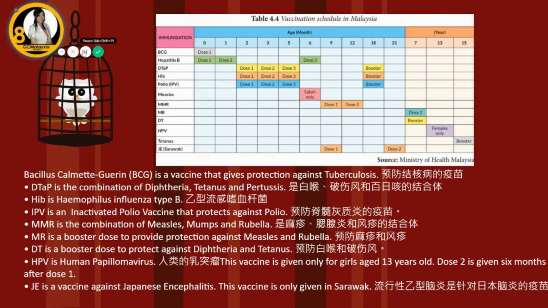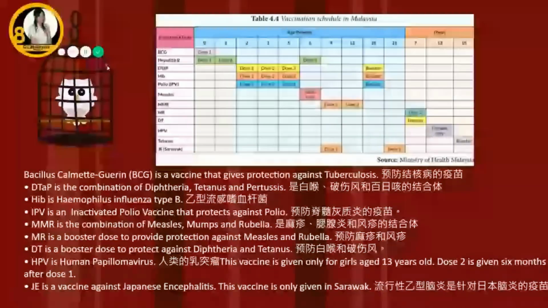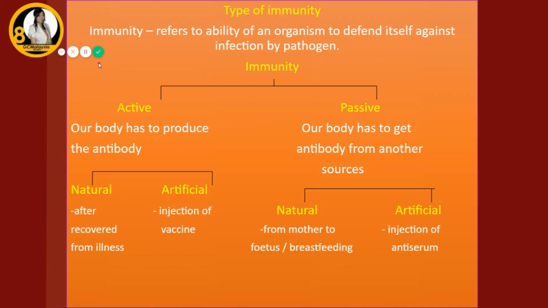This vaccine is only given in certain areas. Okay, types of immunity. Immunity refers to the ability of an organism to defend itself against infection by pathogens.